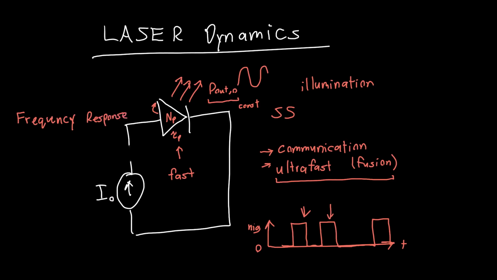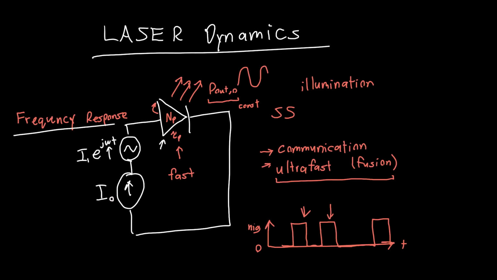So if instead of just driving it with a constant current, we're driving it now maybe with a constant bias current, but also with a sinusoidal excitation, and I'll just call that I1, e to the j omega t, we want to know the fastest omega that this laser can respond to.